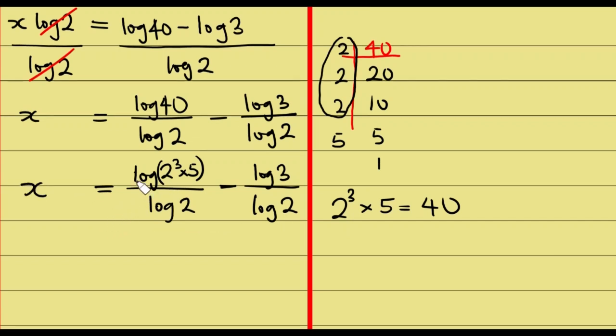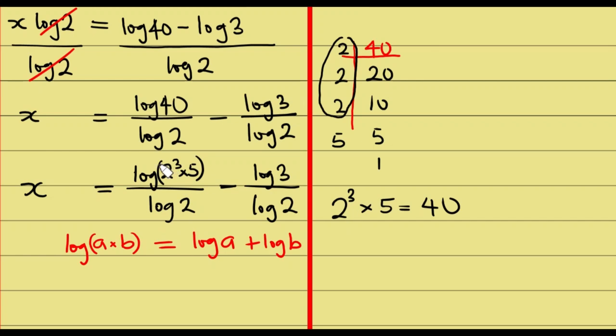The next thing we're going to do is to apply our log rule to this area, as it says that whenever we have log of a multiplied by b, this is going to turn into log of a plus log of b.